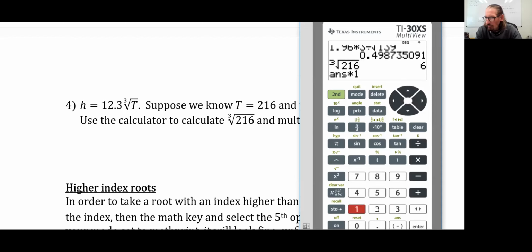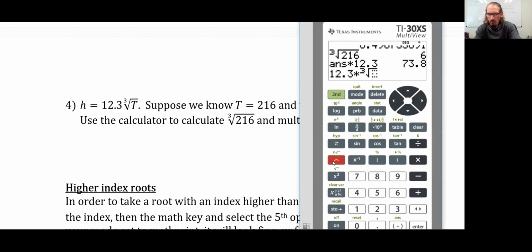Actually knew that was going to happen. And then multiply by 12.3, or 12.3 times, let's see if this will work. I wanted to take this 3 here as an index. Okay, good, it does. Type it in all at once, and I'm still getting 73.8.